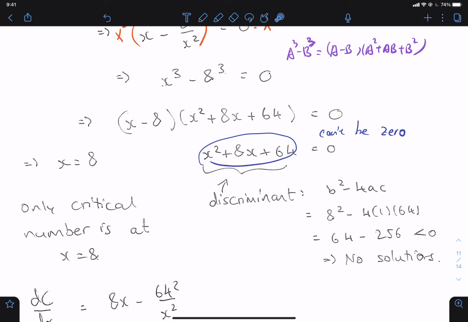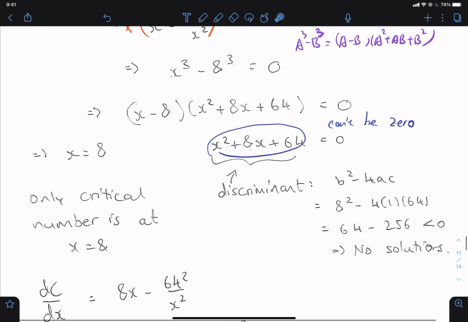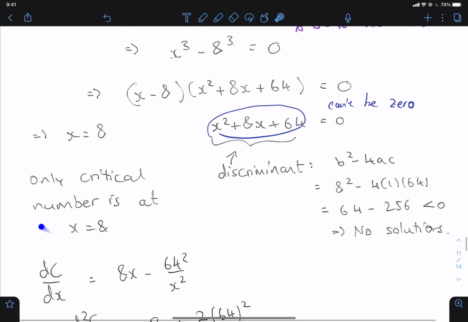No solution means it can't be 0, right? This equality can't hold. So our only option for this expression to be 0 is when x is equal to 8. That is the only possibility that will make the derivative equal to 0, so that is our only critical number here.